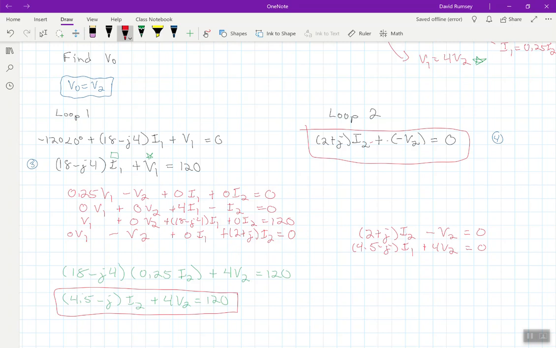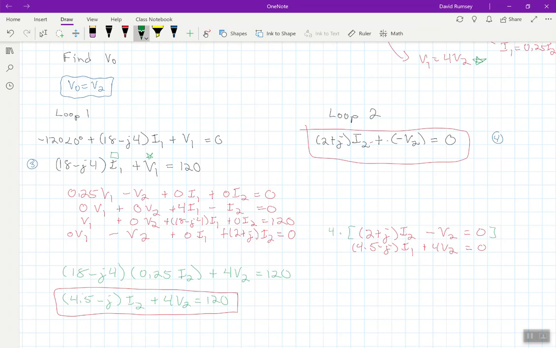And now I just have two equations and two unknowns to solve. So I could again use a matrix calculator. Now if you wanted to go even one step further, I'm not going to do this. If you really wanted to solve it completely by hand, you could just multiply this by 4 and then add the two equations together.